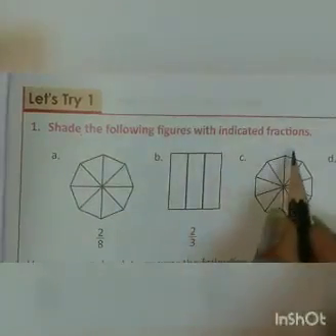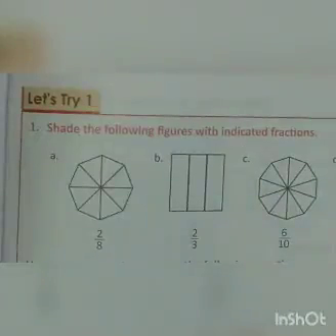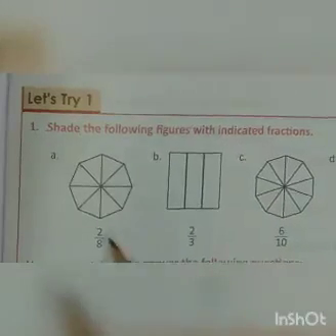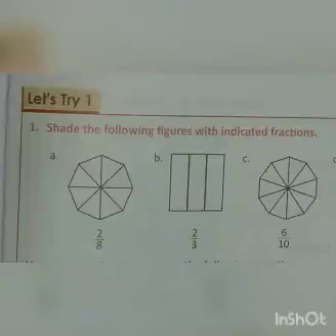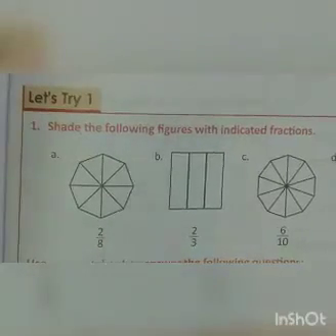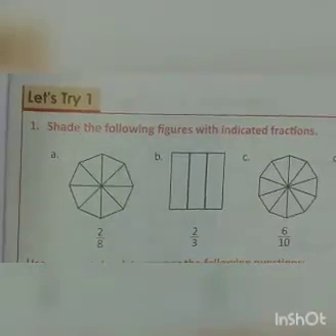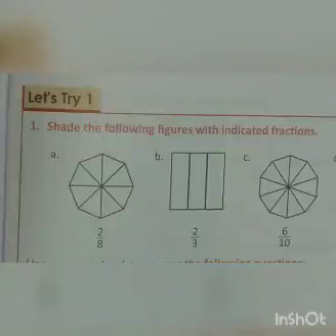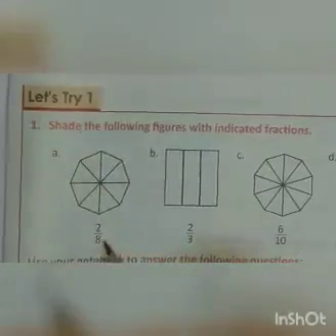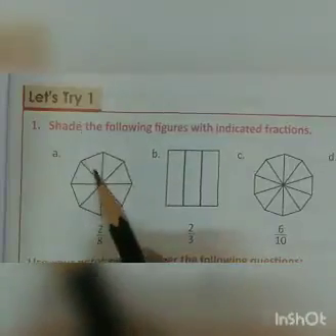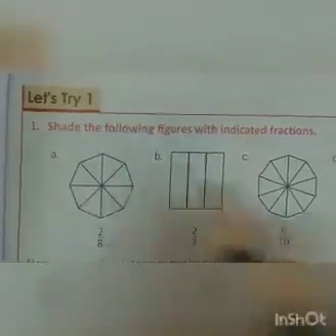Shade the following figures with the indicated fractions. 2 upon 8. 2 is the numerator and 8 is the denominator. The denominator indicates the number of equal parts into which the whole is divided. The whole figure is divided into 8 equal parts: 1, 2, 3, 4, 5, 6, 7, 8.